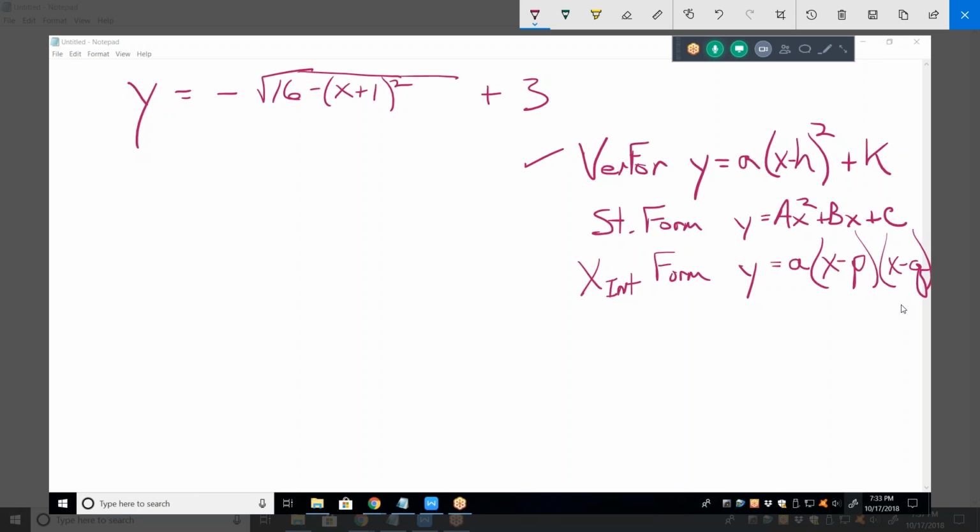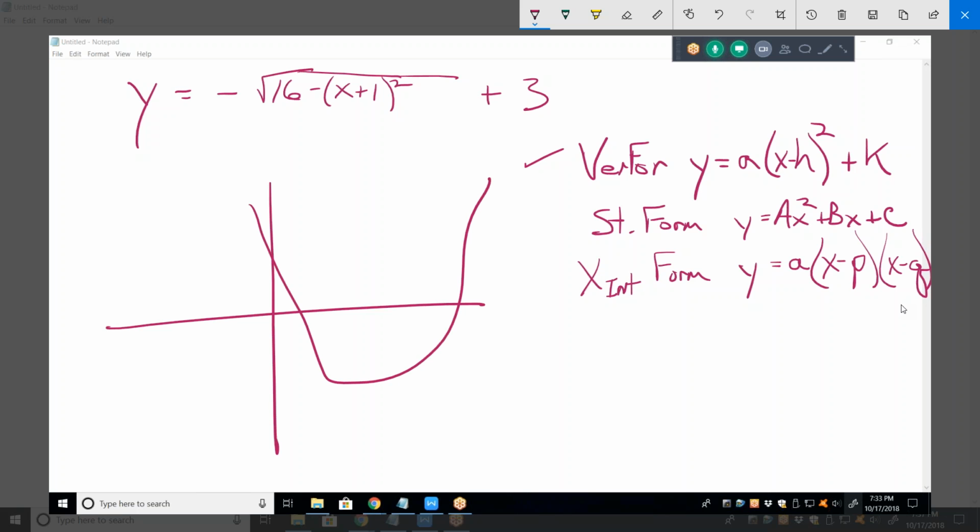In other words, here, let me draw a standard looking parabola over here. Something like that. And I will call that (3, -2).